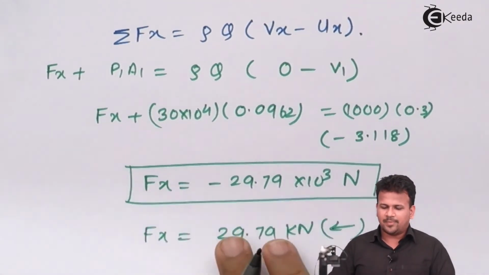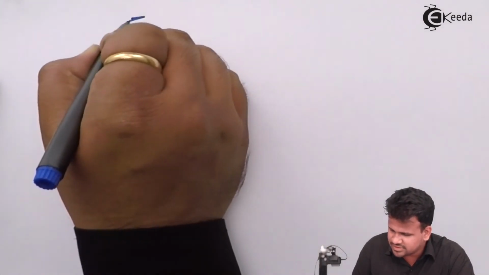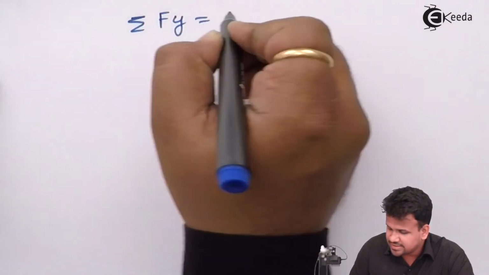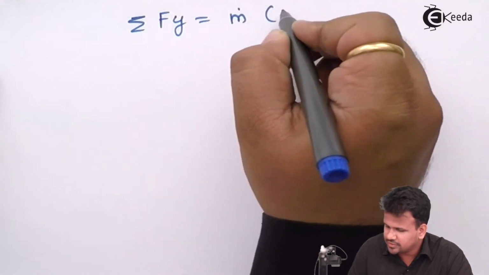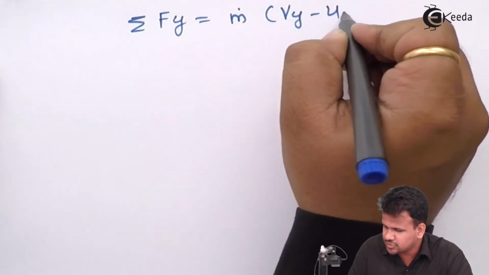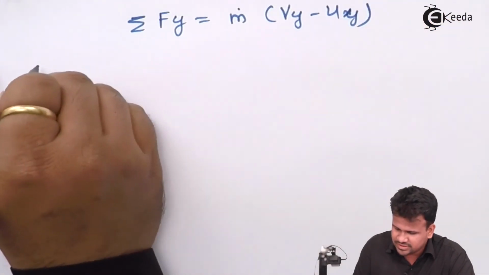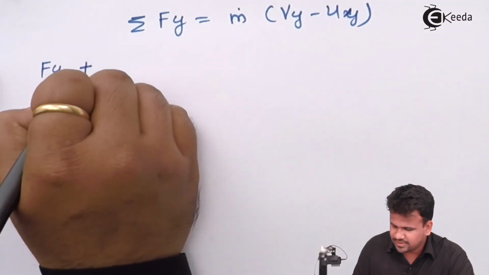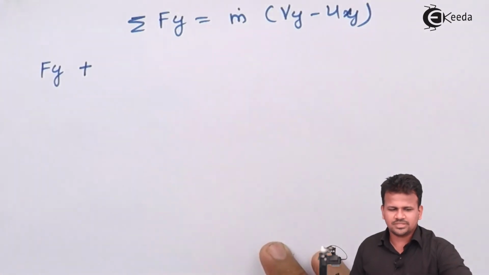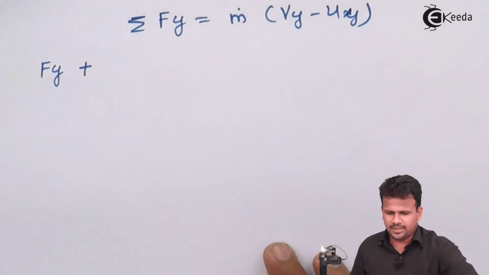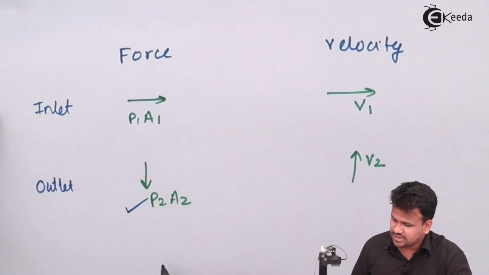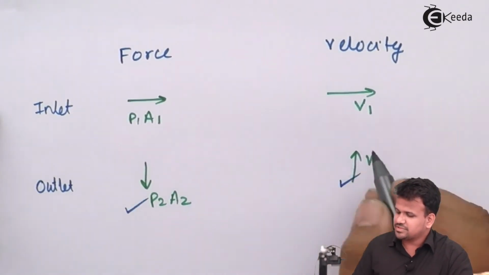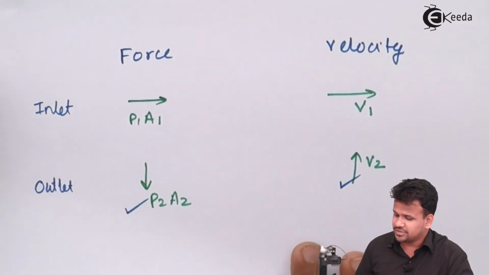Next part, we'll apply the same equation along y direction. This will give us summation of Fy is equal to m dot into Vy minus Uy. So this is force along y direction, plus, from our master diagram we see there is only one force acting along y direction, which is this, and only one velocity acting along y direction, that is V2.